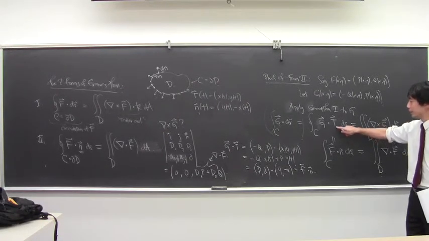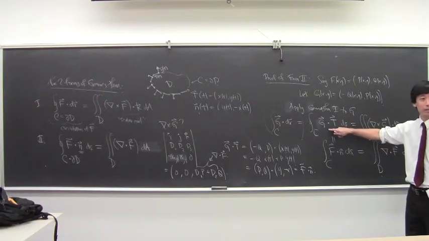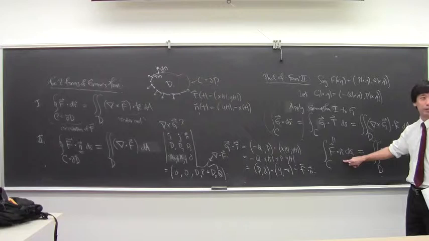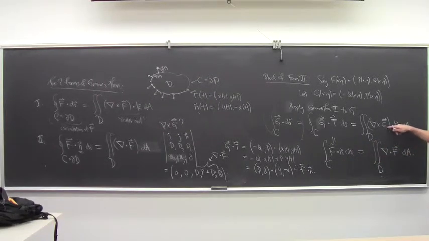But if you do the calculation, the circulation of the rotated field is the flux of the original field. And the integration of the curl of the new field is the divergence of the old field. So the divergence of the original field equals the flux of the original field. Okay, so you get form 2 by just rotating form 1.